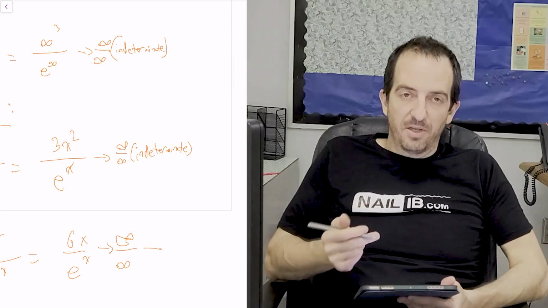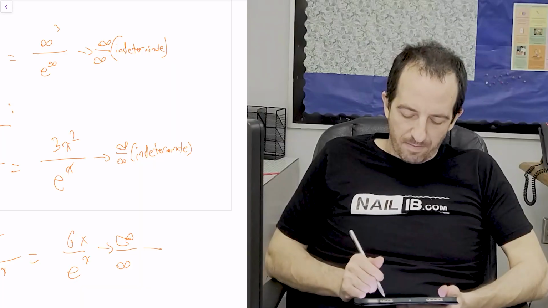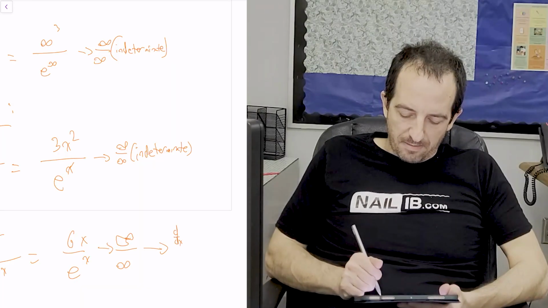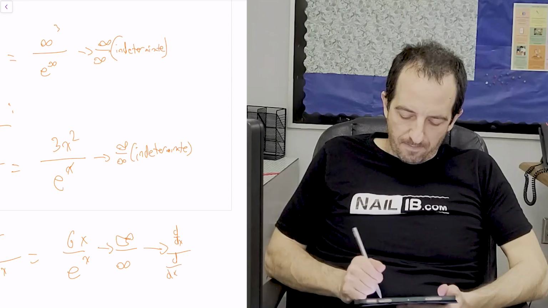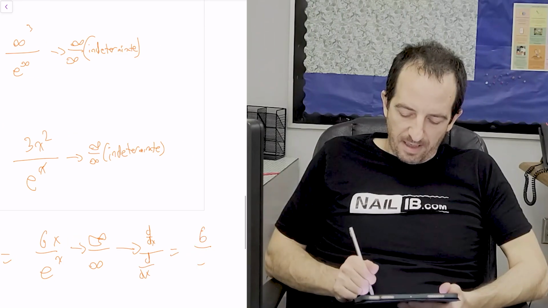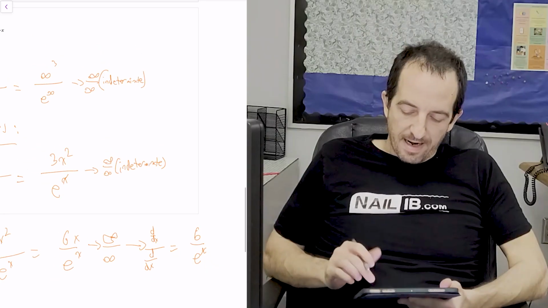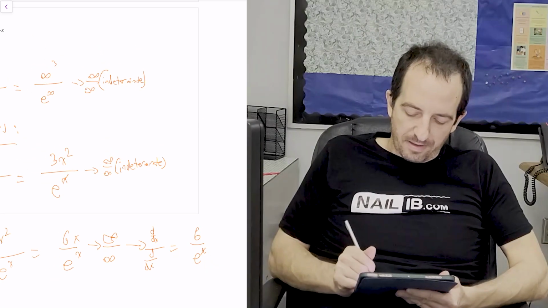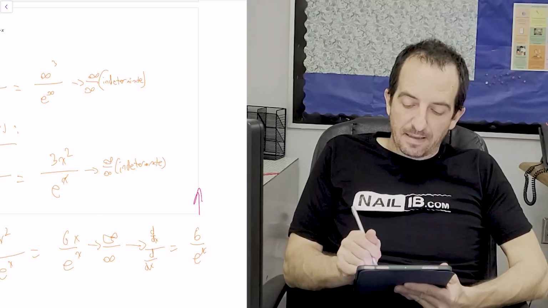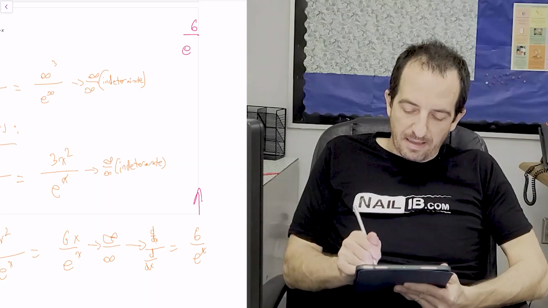Therefore, we take the derivative of the top and the bottom one more time, d dx of both. And we end up with 6 over e to the x.